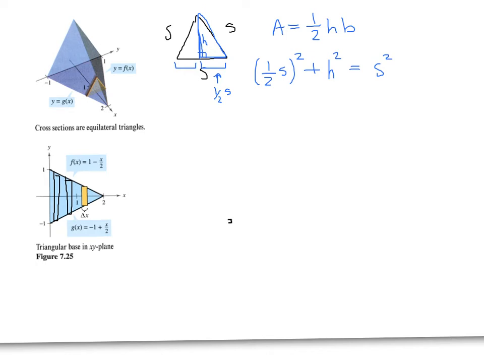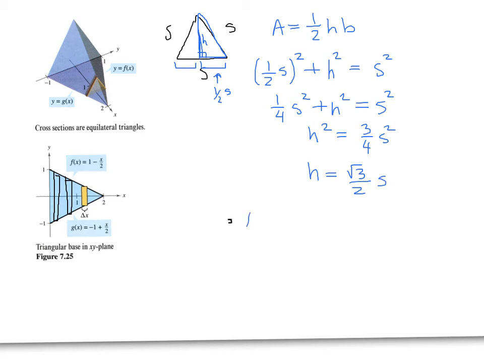Now (1/2 s) squared gives 1/4 s squared, plus h squared equals s squared. Subtracting the 1/4 s squared, we end up with h squared equals 3/4 s squared, or h will equal root 3 over 2 times s.